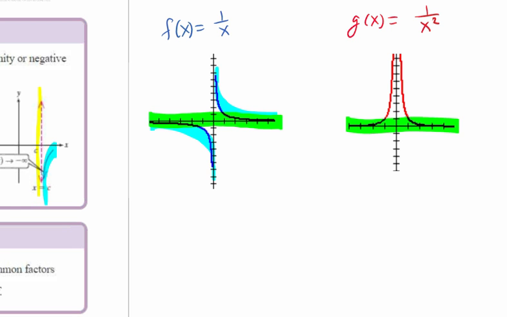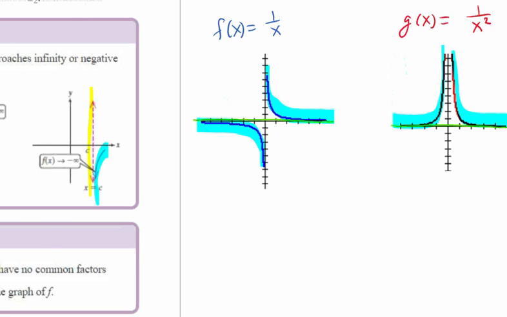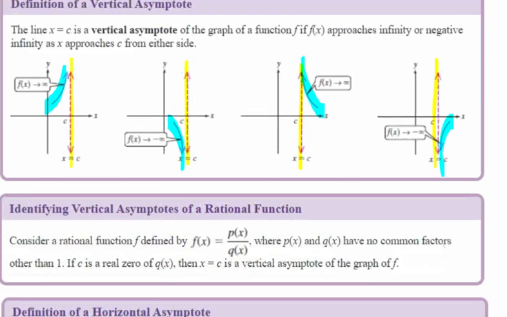All right, so there's our x-axis, and now we can see our graphs a little bit better as they get closer and closer in each instance. But they never actually touch or cross the x-axis. These are horizontal asymptotes.